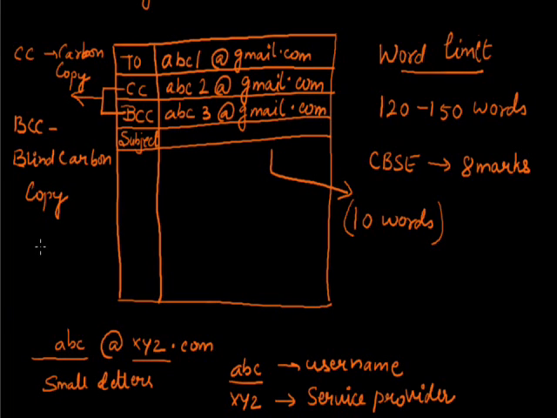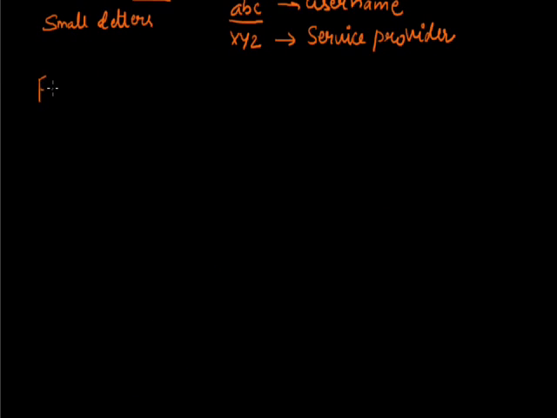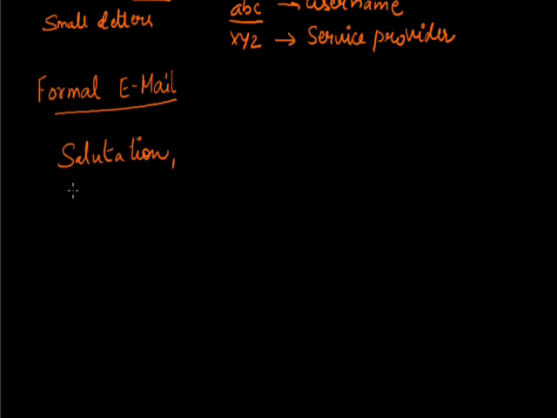Moving to the body of the letter. The body of the email is to be written in the specified block. In case of a formal email, I start my letter with salutation followed by a comma, and then in the next line I'll start with the body of my email.